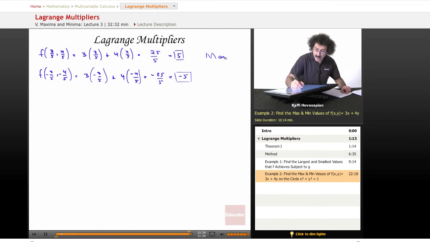So here at the point 3/5, 4/5, it achieves a maximum. The maximum value is 5. And at negative 3/5, negative 4/5, the function f achieves a minimum of negative 5. So we have found the maximum and minimum values of 3x plus 4y subject to the constraint that x and y lie on the unit circle, x squared plus y squared equals 1. That's what's going on here.